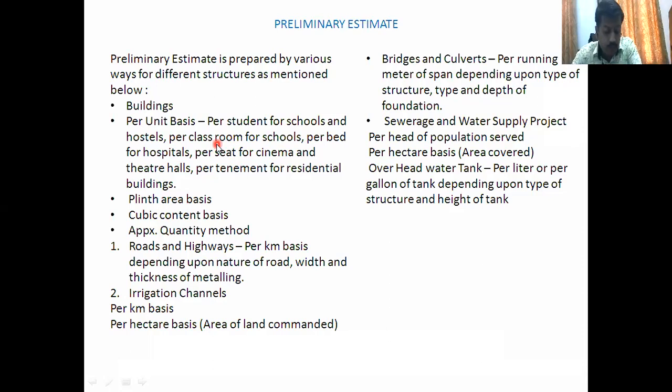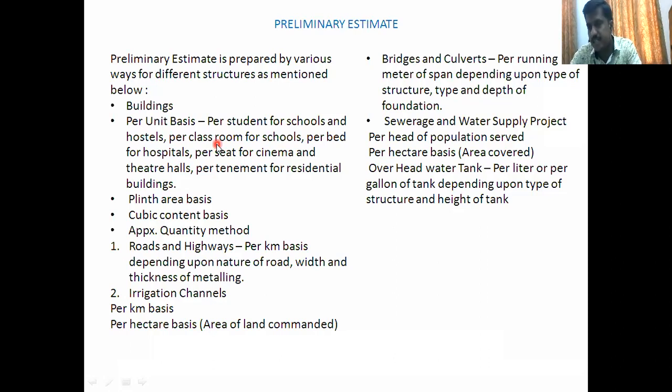Then if you take the example of theaters or cinema halls, again, how to build the cinema hall? Again, it depends on the number of seats that you are going to add. Per screen, suppose there are 3 screens. In the first screen you have 100 seats, in the second screen you have 150 seats, in the third screen you again have 100 seats.